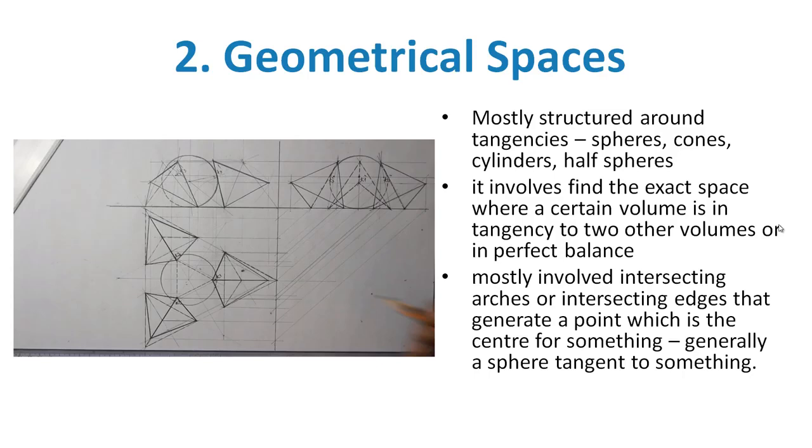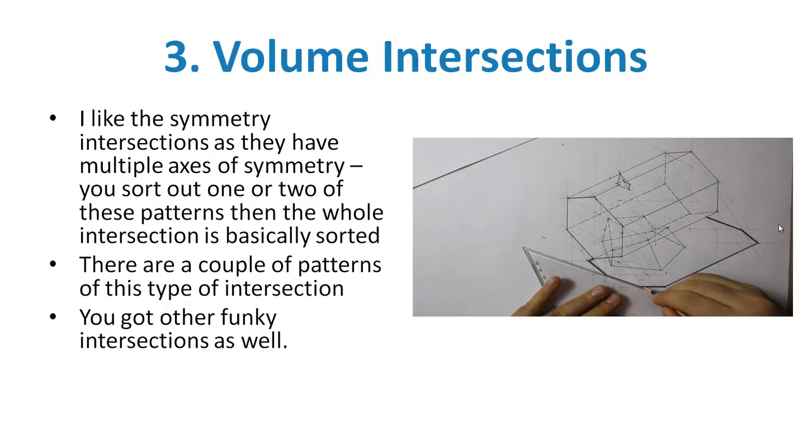So you see a sphere which is tangent to 3 tetrahedra, and in theory these tetrahedra stay in perfect balance, right? Again, it's going to shift. You've got many assignments where obviously you need to rotate it, and you use these arches and all sorts of geometrical constructions to help you find these tangencies.